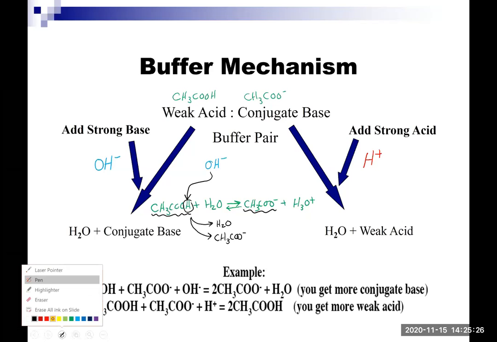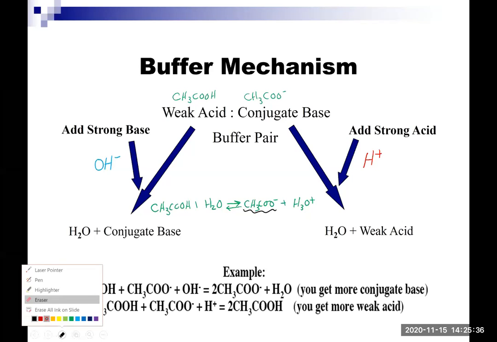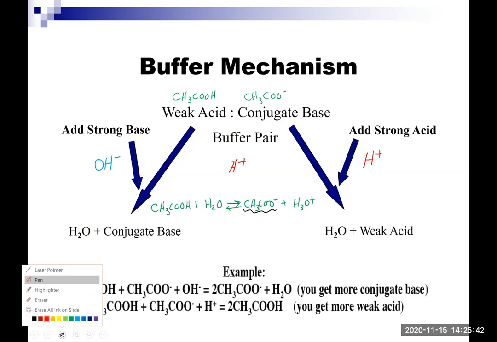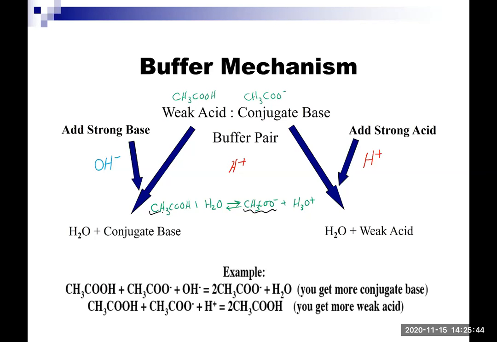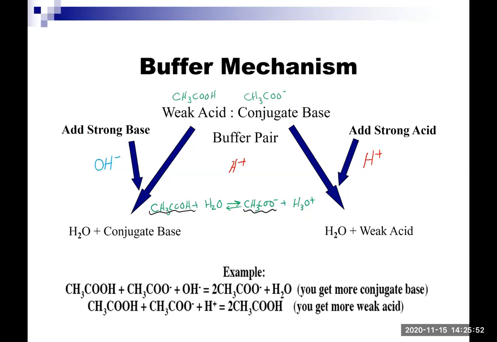What about, on the other hand, if we added H plus? So if we add H plus to this system, in other words, we start adding a strong acid to this system, which one of our buffer pair is going to react to remove that H plus from solution?